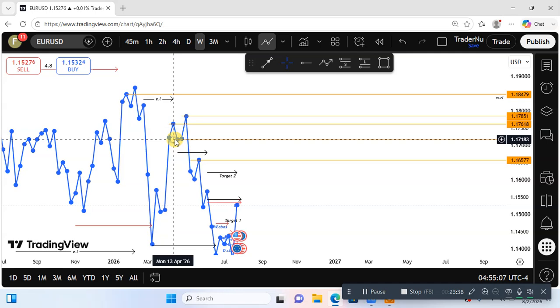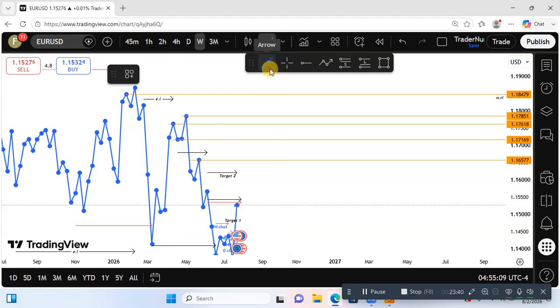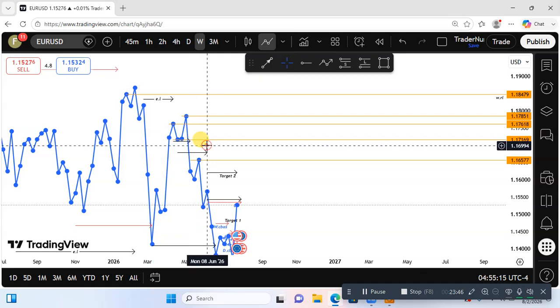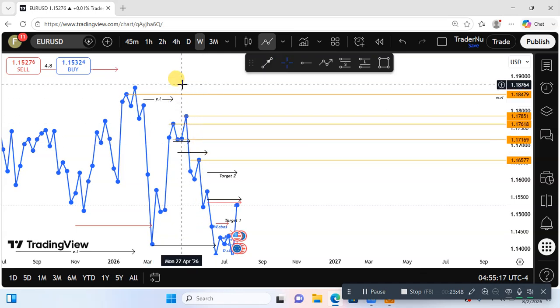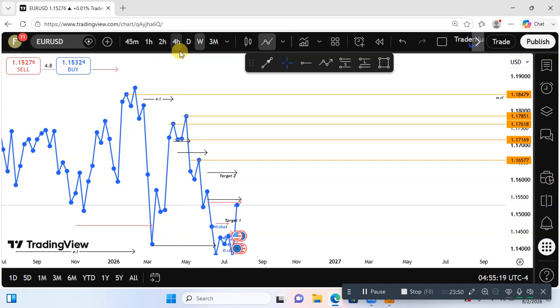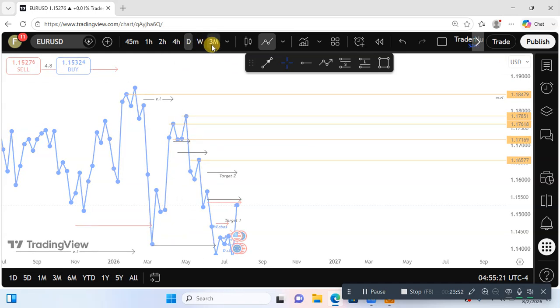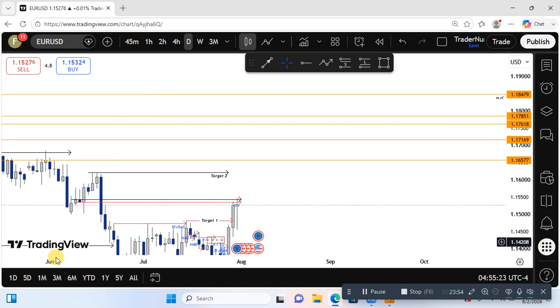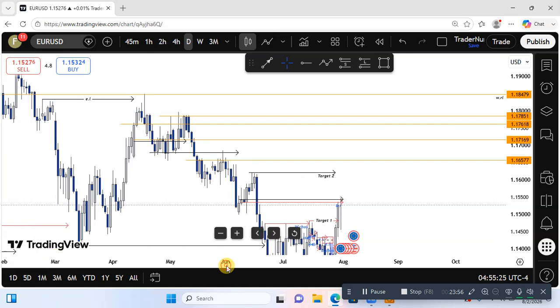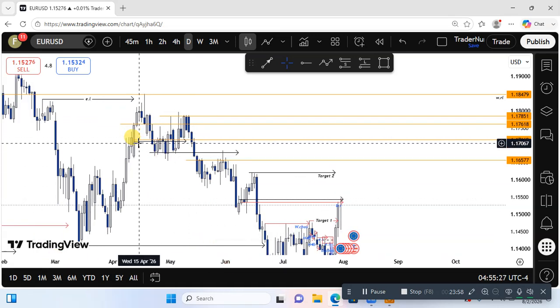There was a good break of structure on the weekly time frame here, right? There was a good break of structure on the weekly time frame. Now let's see how price reacted on that level. This is the break. This is where we got the weekly break.